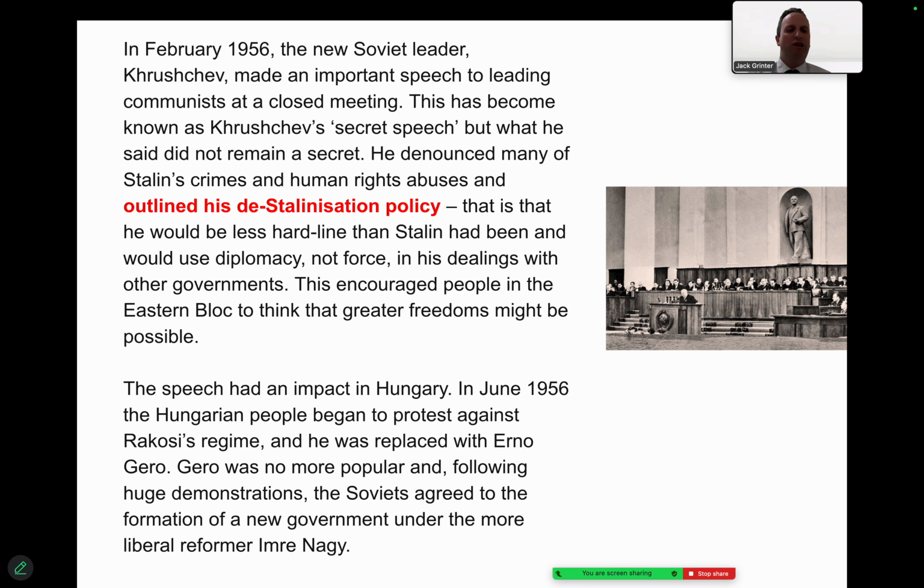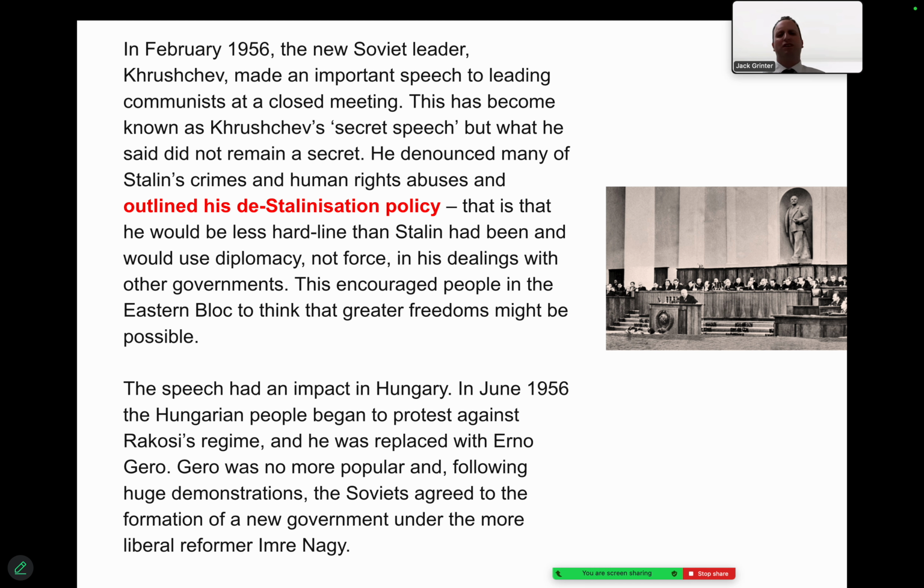What's also really important that you write about Hungary, the context to it, is de-Stalinization, okay? Because Khrushchev becomes leader after Stalin. In 1956, he makes a secret speech, which does get leaked out, and people in Eastern Europe find out about it, okay? It says that it didn't really remain a secret. He essentially denounces Stalin and announces changes.